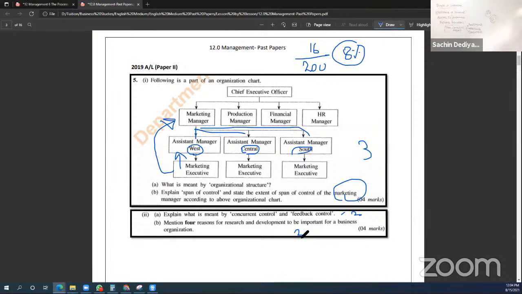Again, asking to mention 4 reasons for research and development to be important for a business organization. Guys, actually that is not from this lesson, that is from the operational management lesson. But for your information, R&D is, for some organizations, a separate department, but in some it is just a unit within, let's say, the production department.